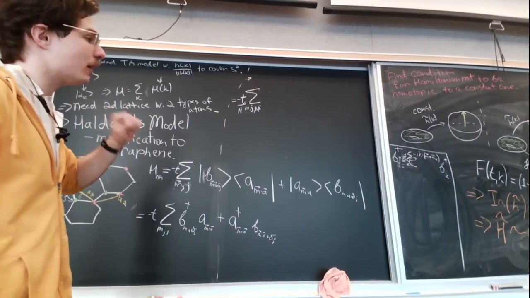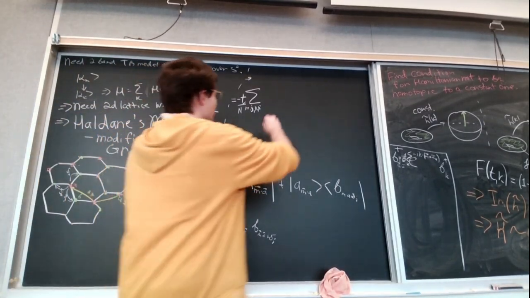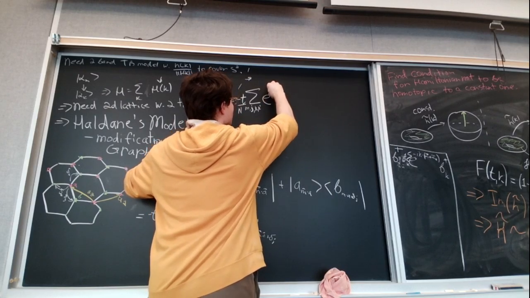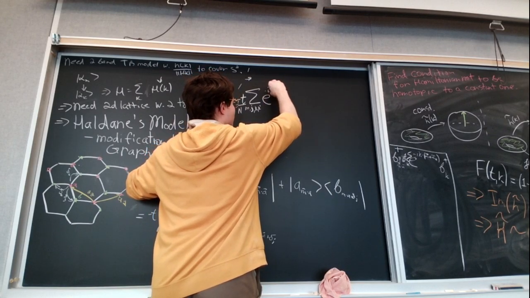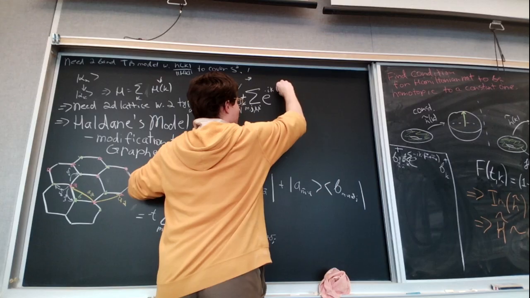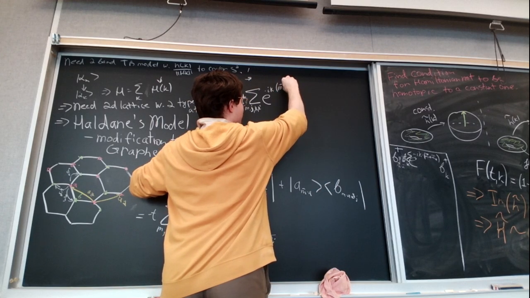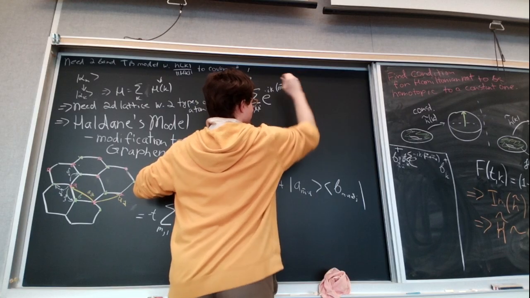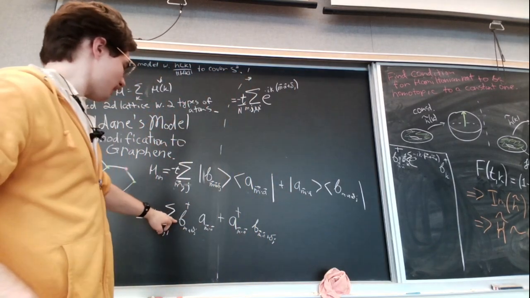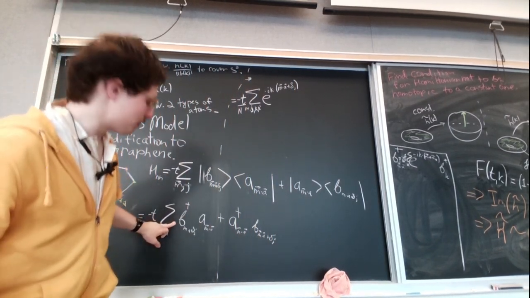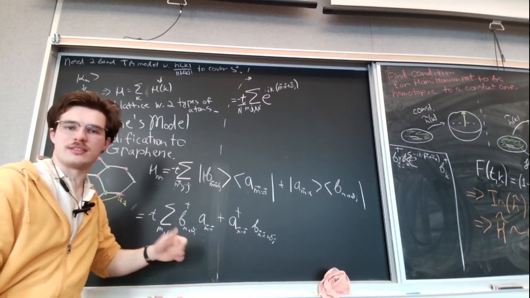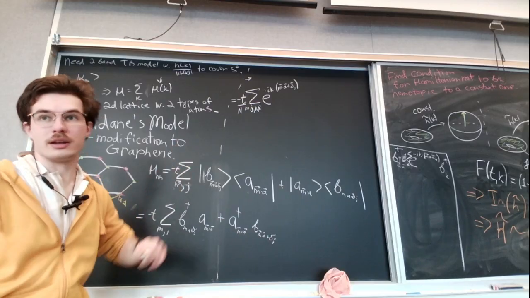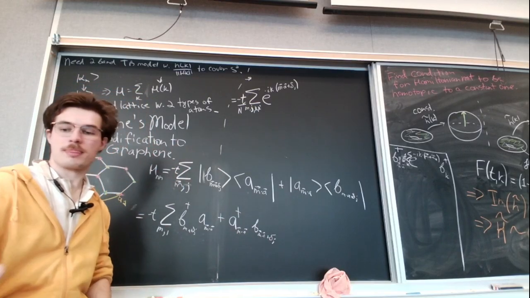Now let's write down the exponential factor. From the B I get e to the minus i k dot (m dot a plus delta j). Do you agree? This is from the B, because m dot a plus delta j is the exact position of the B atom, so that's what I plug in there.